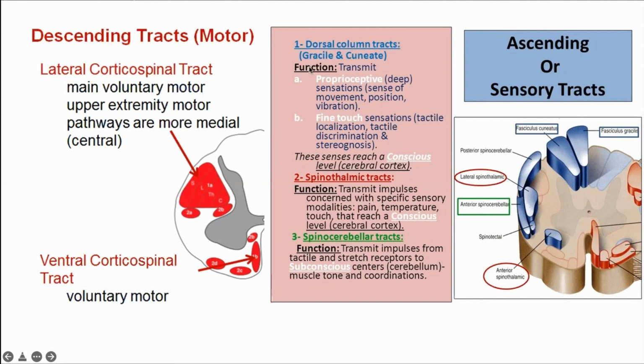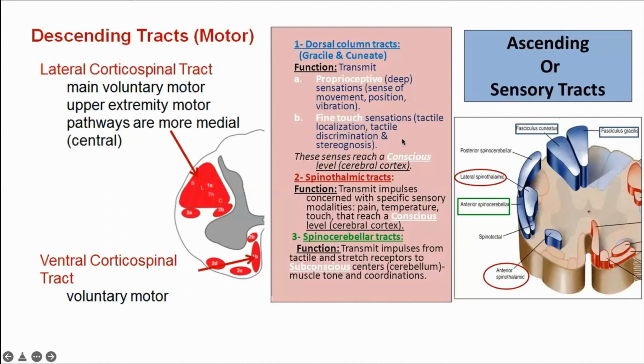Fasciculus gracilis and fasciculus cuneatus are tracts, or axons, running in the posterior part of the spinal cord. They are responsible for proprioception. In order to stand and be oriented in the environment, it's called proprioception. In order to move, you have to have an idea as to where you're oriented in space, and these tracts are very important for that.